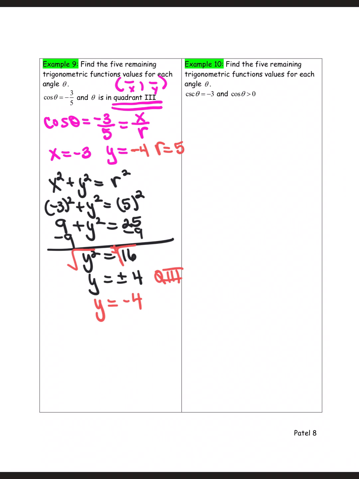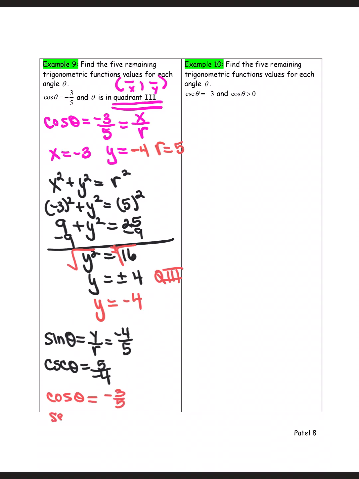And here we're finding all 6 trig functions. So we have sine of theta is y over r. So that's negative 4 over 5. So cosecant of theta is going to be 5 over negative 4. We were given cosine of theta was negative 3/5.